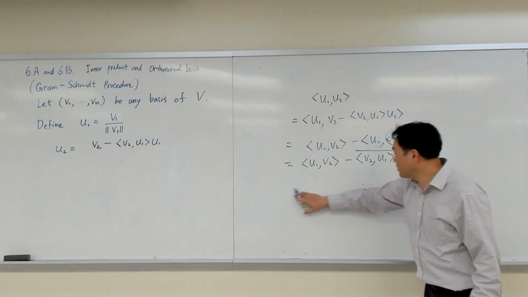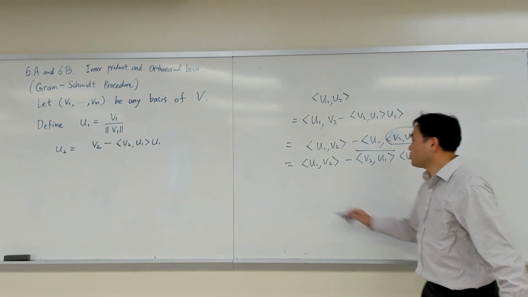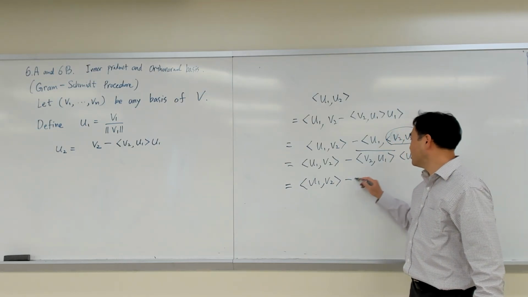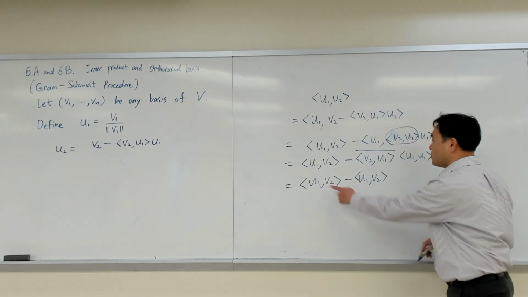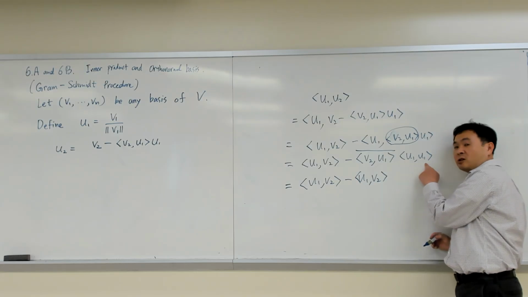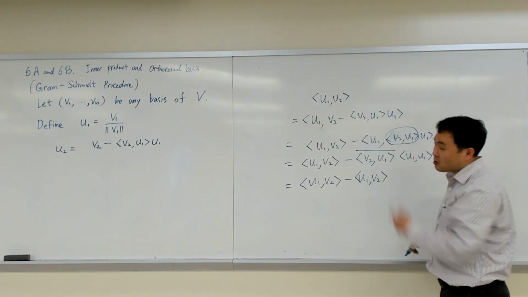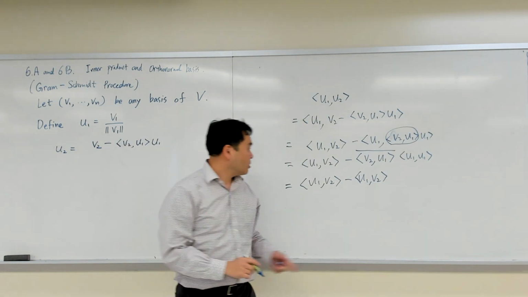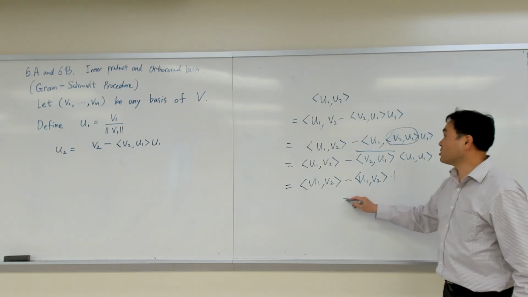But then, as I said, this is the same as this flipped without the conjugate. So these are exactly the same, but what is U1 inner product U1? We made it a unit vector, right? So this has size 1. So that means this is size 1, therefore this is just 1. So it's equal to 0.